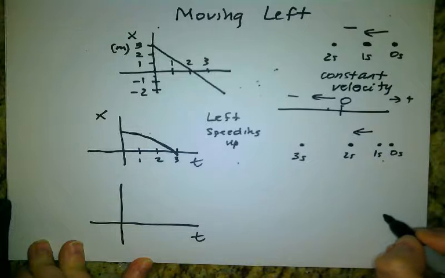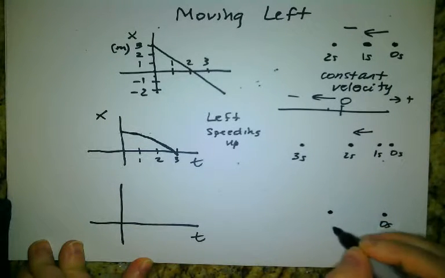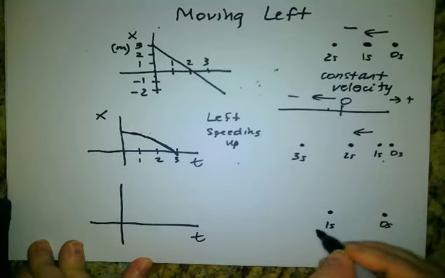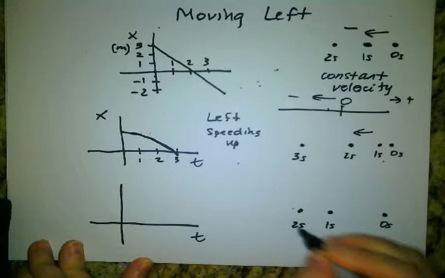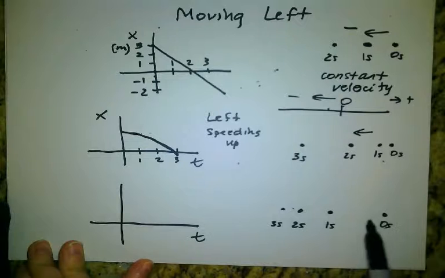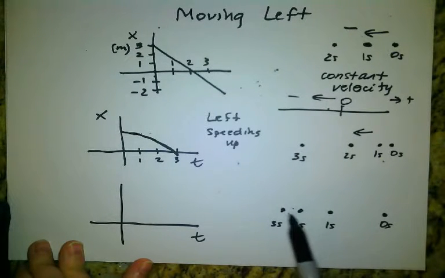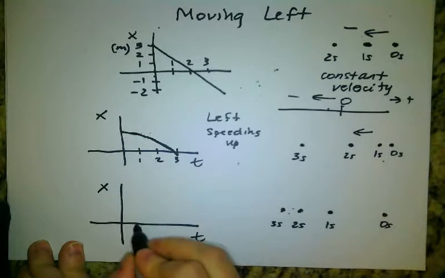And for the moving left slowing down, that would mean you're starting off with big spacings. Notice my time is going backwards here. And the spacing between the dots is going to get smaller. So you can infer that, okay, it's slowing down because in this second it didn't go as far as it did in this second. Here's my position time graph.